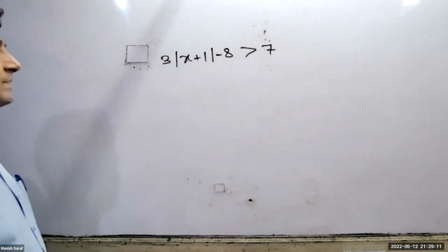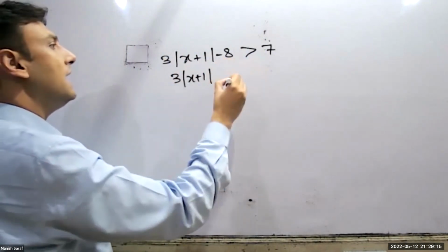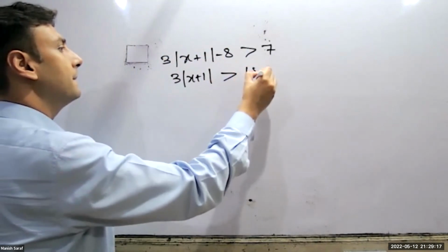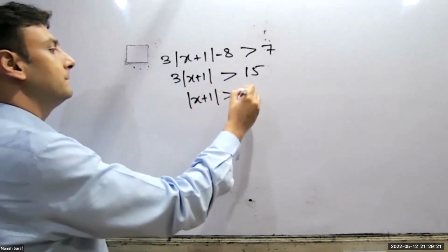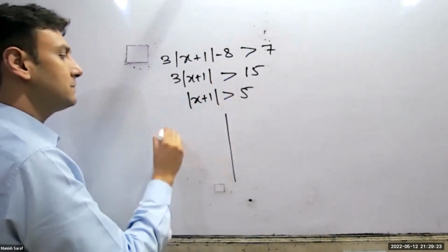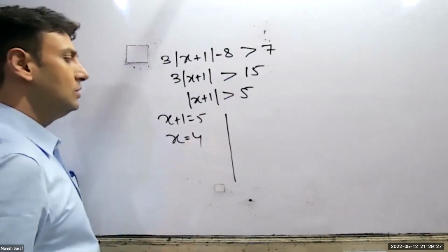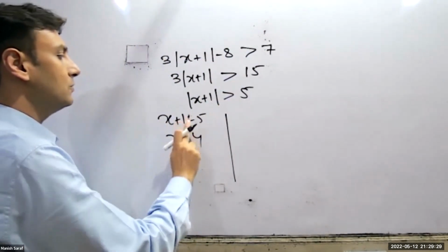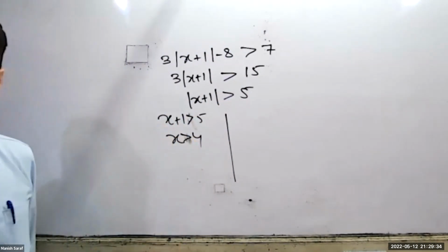Isolate, so 3 times mod of x plus 1, add 8 on both sides, divide by 3 on both sides, 5. Divide the space. X plus 1 is greater than 5, x is greater than 4.